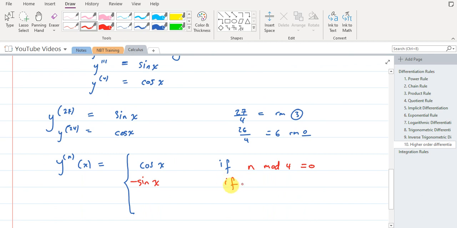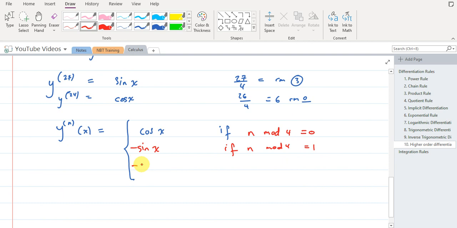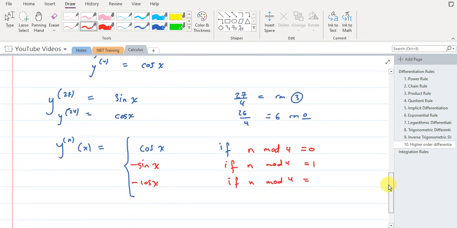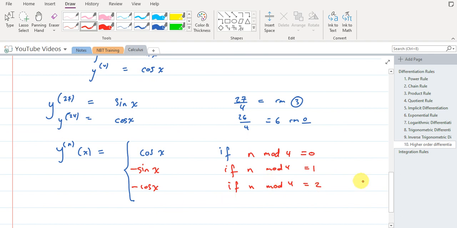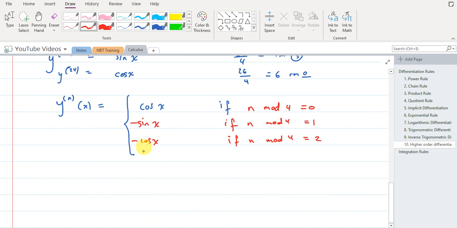It is negative cos x if n mod 4 is equal to 2, and sine x if n mod 4 is equal to 3.